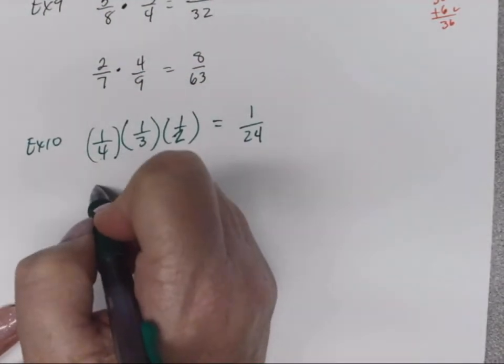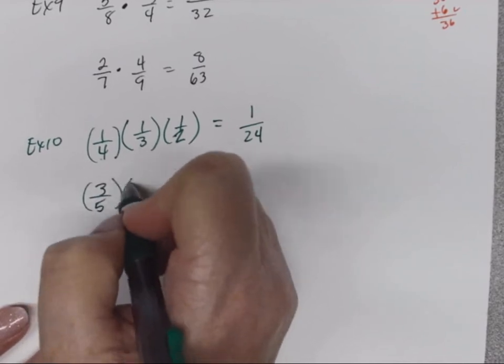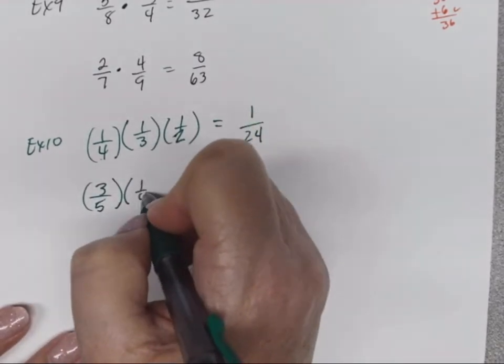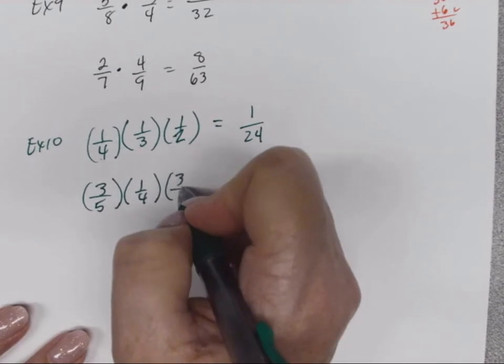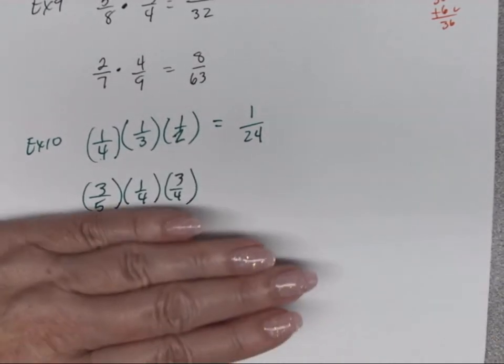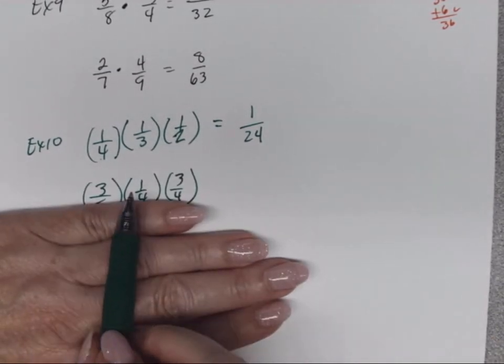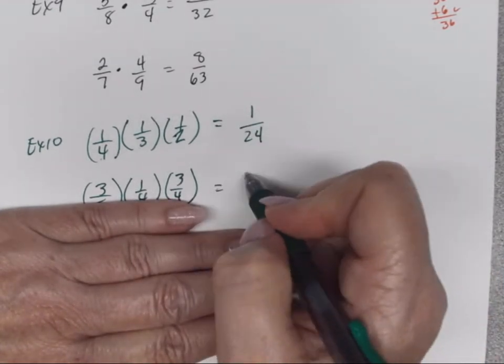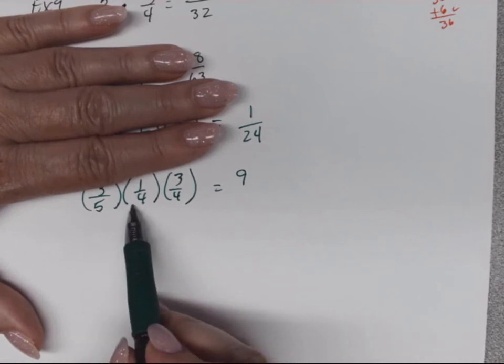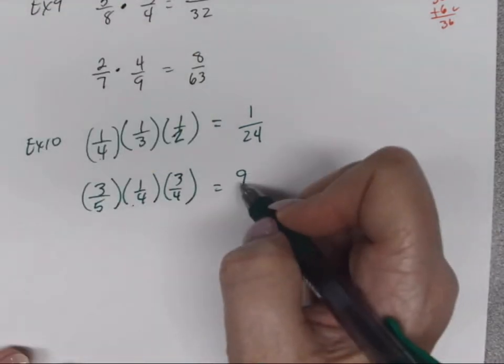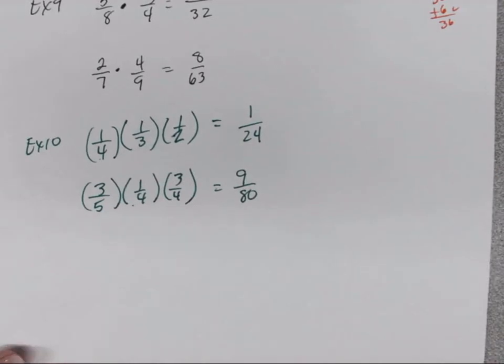If we have 3/5 times 1/4 times 3/4, on the top we have 3 times 1 is 3, times 3 will get us 9, and on the bottom we have 5 times 4 is 20, times 4 is 80.